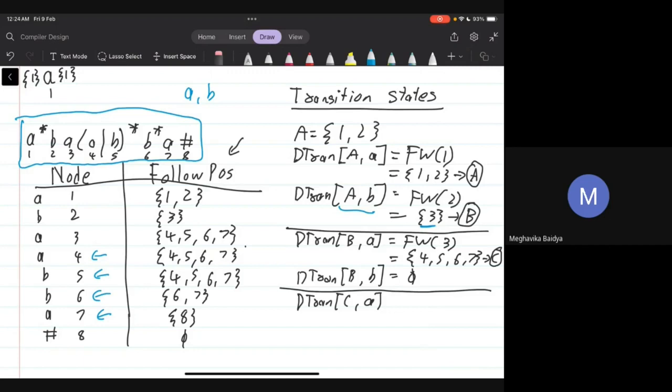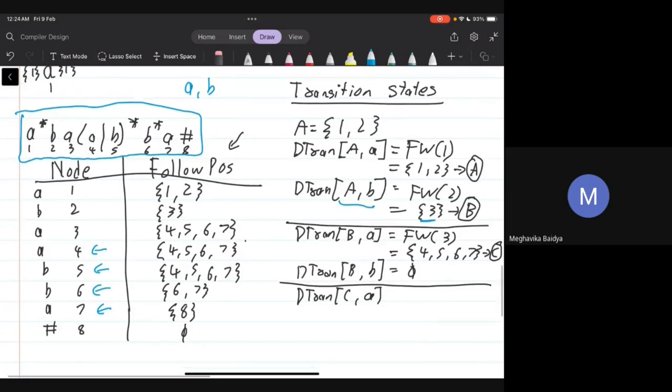Now, out of these four, match for A. Which numbers include A? Oh, okay, 4 and 7. So you'll underline this and this. This is for 4 and 7. So you write followpos of 4 union followpos of 7.